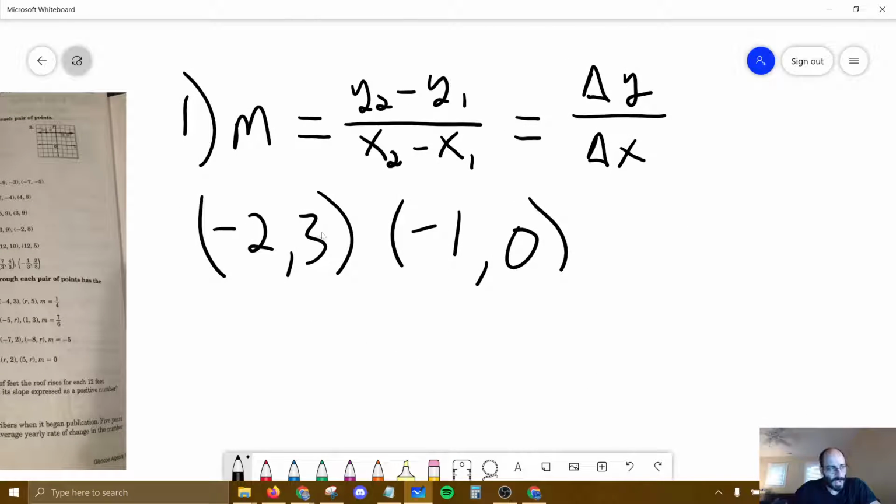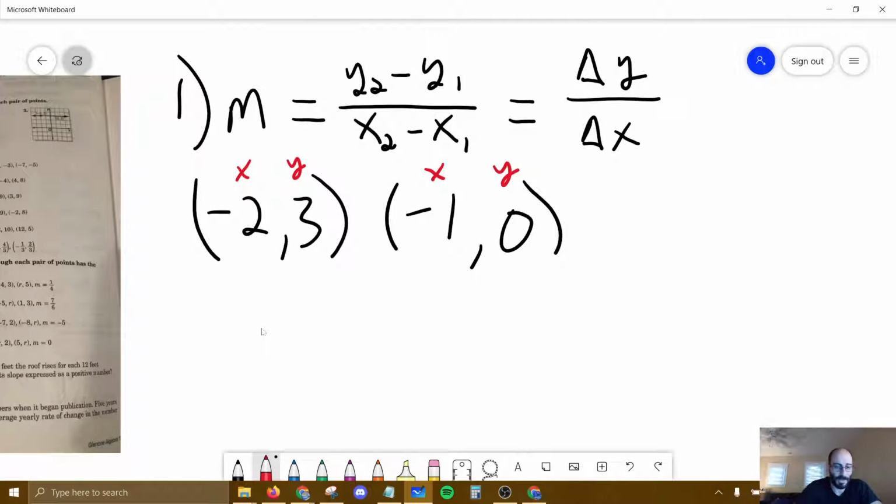Wait, let's label this really quick. This is x and y, x and y. I could do this y minus this y, and if I do it in that order, I have to do that x minus that x. Or I could do it the other order. I could do this y minus that y, but then I have to do this x minus this x. You'll get the same slope as long as you keep the points in the right order.